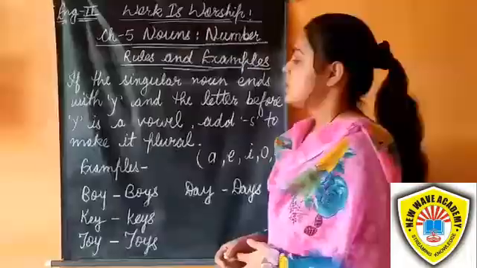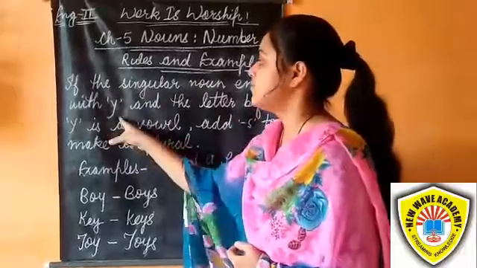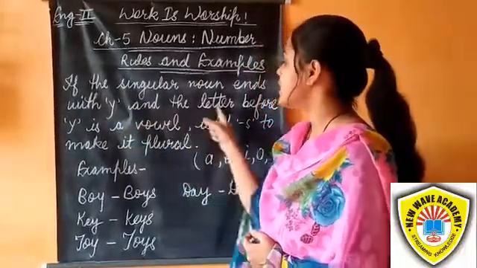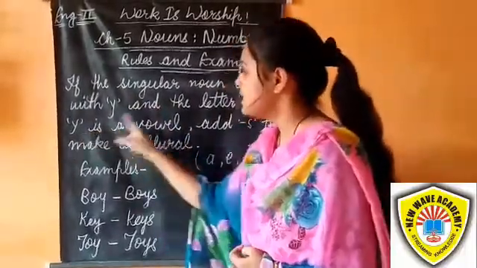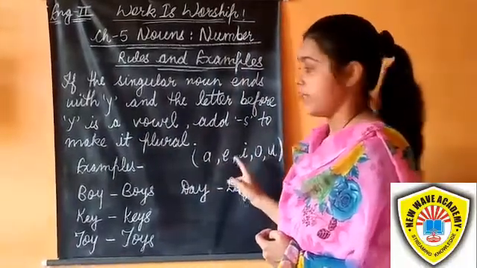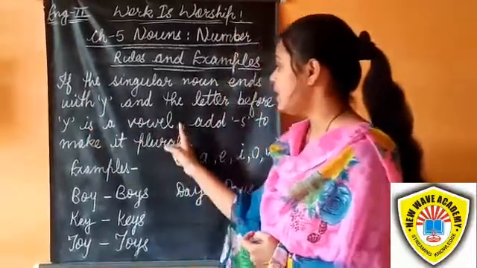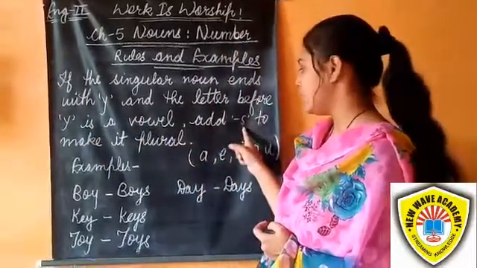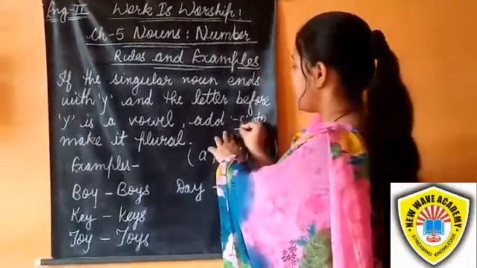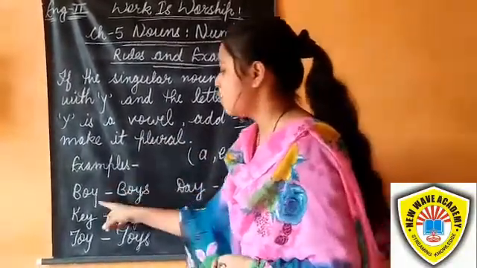Photos. Then if the singular noun ends with y and the letter before y is a vowel, a, e, i, o, u, then we will add only s to make it plural. For example, key.